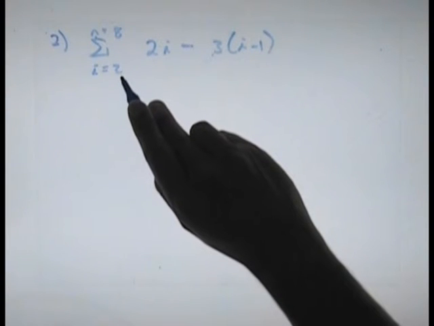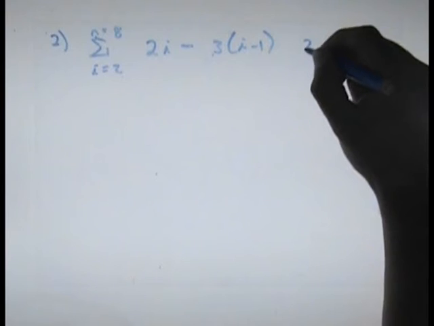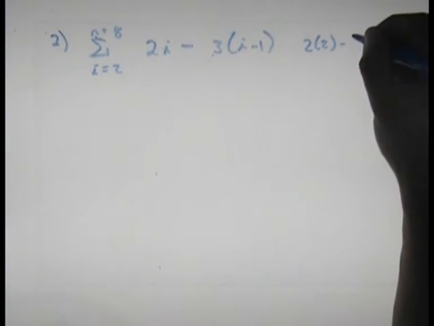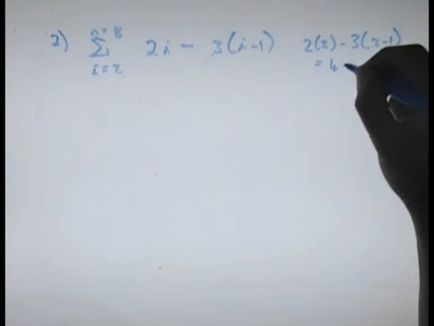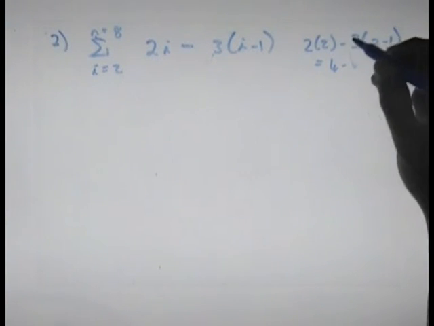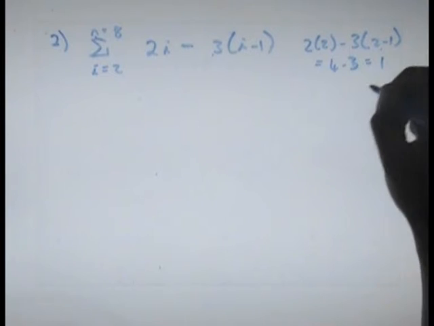My first term is going to be where i is equal to 2. So that's going to be 2 times 2, which is 4, minus 3 times 2 minus 1, which is equal to 4 minus 2 minus 1 is 1 times negative 3 is negative 3. 4 minus 3 is equal to 1.